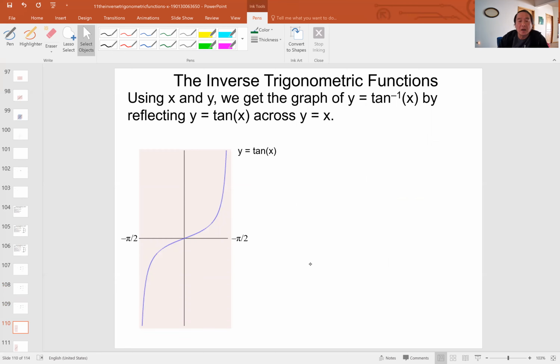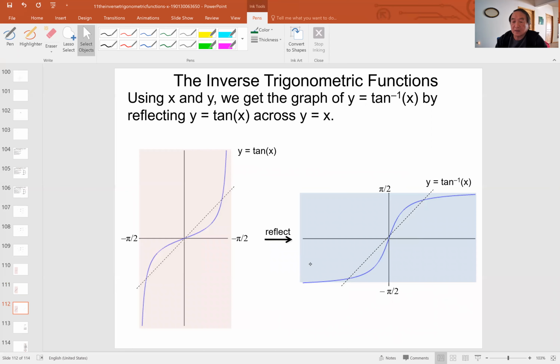And this is tangent. Where do we extract tangent so that it's 1-to-1? We just take one period of it, -π/2 to π/2. Then its inverse, when you reflect across the diagonal, is this entire strip flipped horizontally. It's like taking the length of the strip and laying it horizontally.